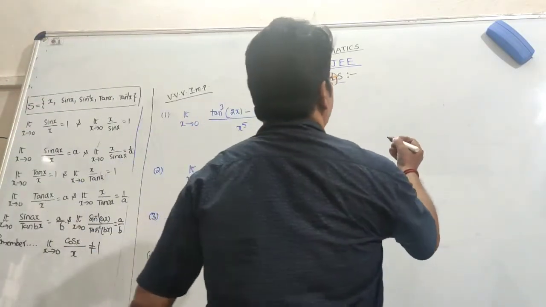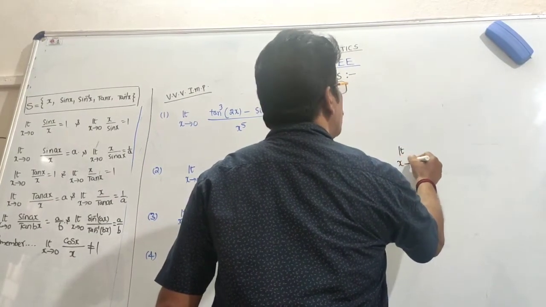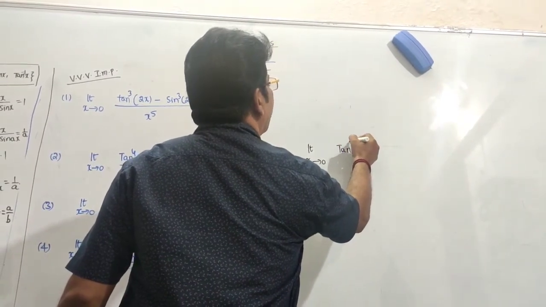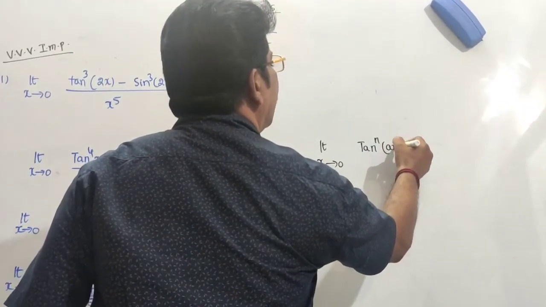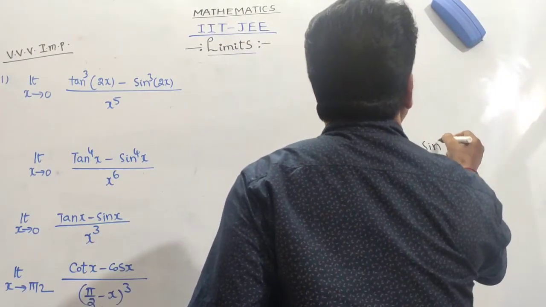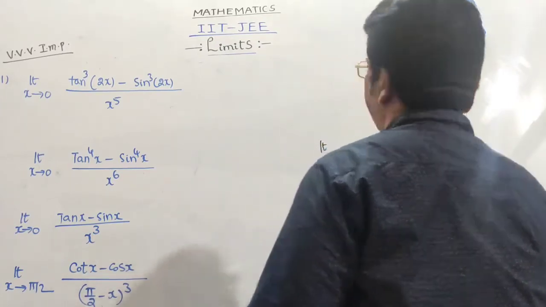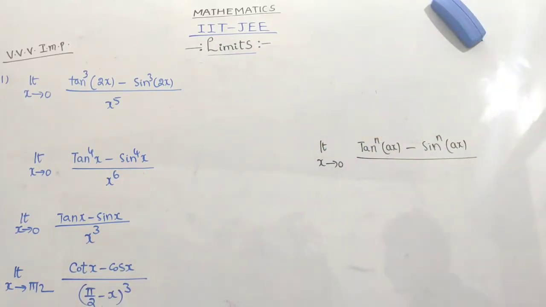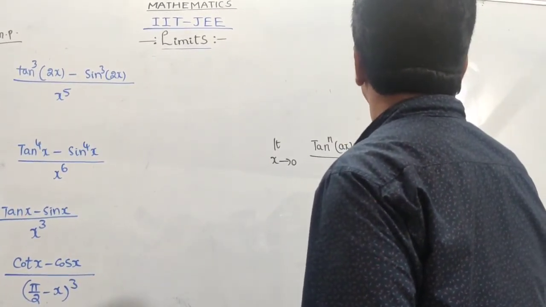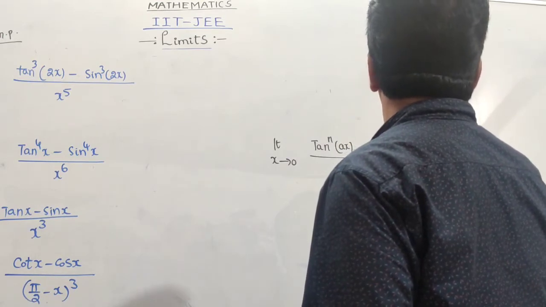Here the structure is limit x tends to 0 of tan to the power of n of ax minus sin to the power of n of ax, divided by any function whole to the power of n plus 2.